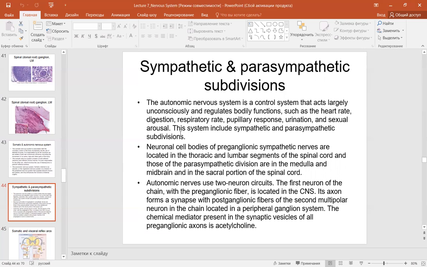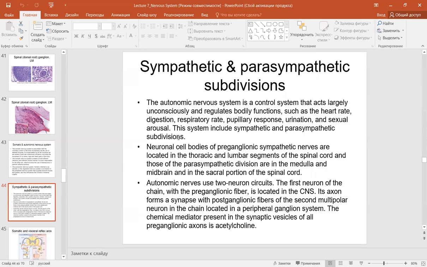The autonomic nervous system is the control system that acts largely unconsciously and regulates bodily functions such as the heart rate, digestion, respiratory rate, pupillary response of the eyeball pupil, urination, and sexual arousal. This system includes sympathetic and parasympathetic subdivisions.